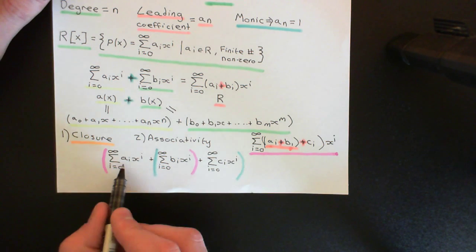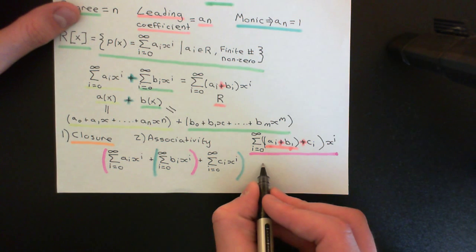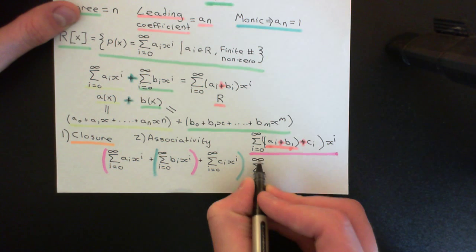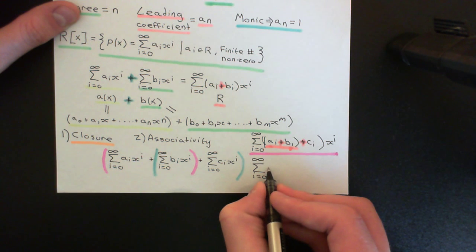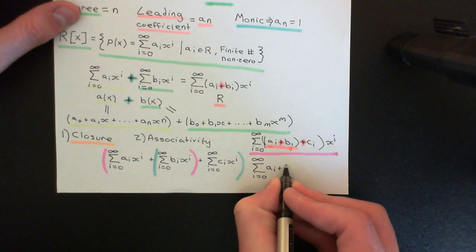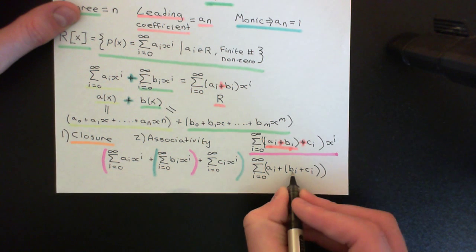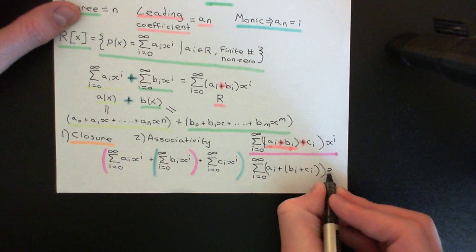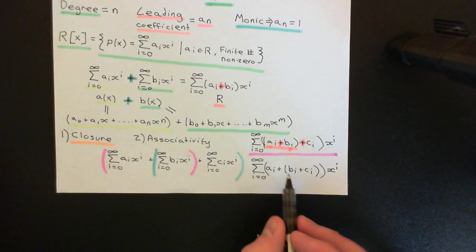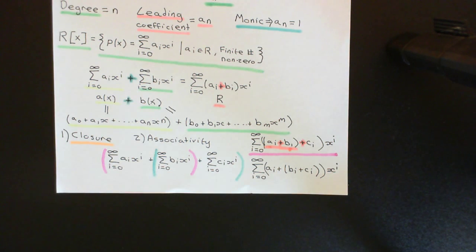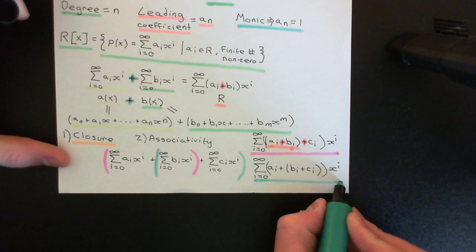Then what we'll do is we'll add the a polynomial to this, and again I hope you can appreciate that what we'll end up with finally is the sum from i equals 0 to infinity of ai plus (bi plus ci), where now the brackets are around bi plus ci, so do those first. Okay, and then add ai onto that, and then have that as the coefficient in front of the monomial x^i.